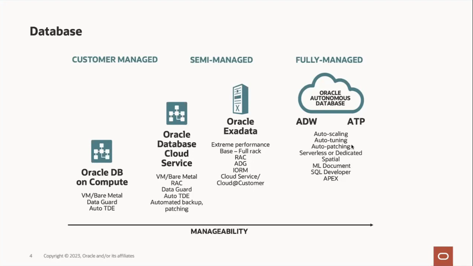The fully managed option is the Autonomous Database, either warehouse or transaction processing. It's auto scaling, auto tuning, auto patching. It can be serverless or it can be dedicated. It can be used in a variety of different manners, including spatial, machine learning, JSON documents, SQL Developer can be utilized, as well as APEX. Next slide.